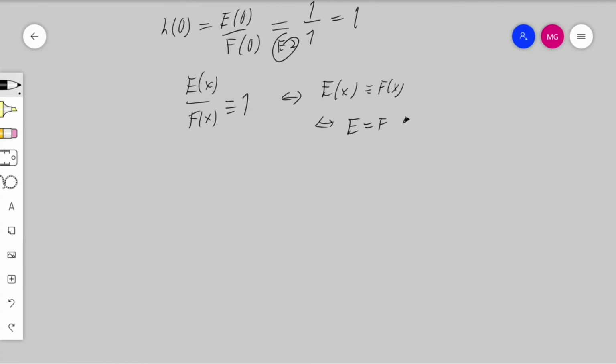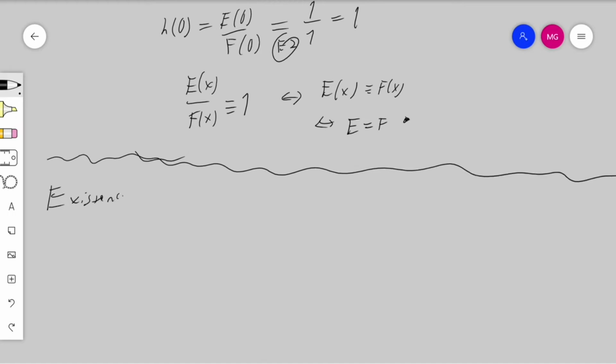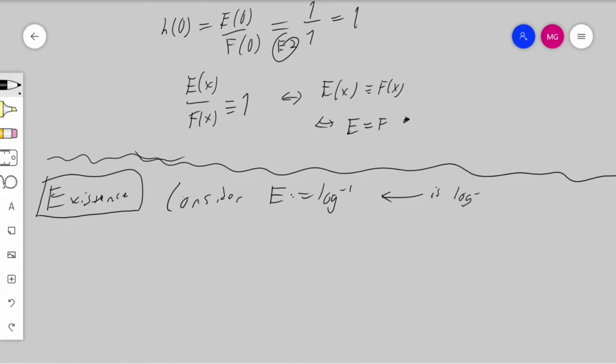Now that we've shown that there's a unique function satisfying these properties, if a function is going to exist at all, let's show that such a function actually exists. So this is the existence portion. The function that we'll be considering is taking e to be the inverse log function. Now, why should this work? The first question to consider is, is this well-defined? Is log invertible in the first place?